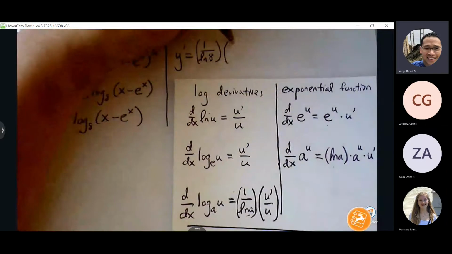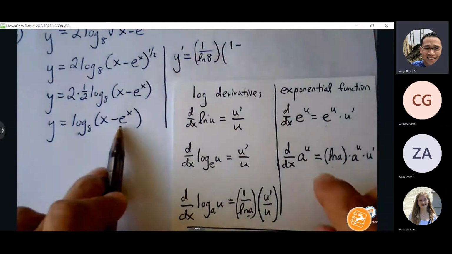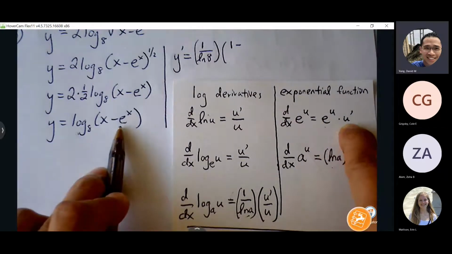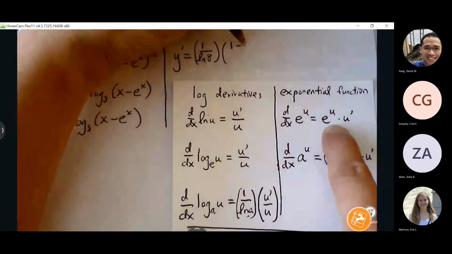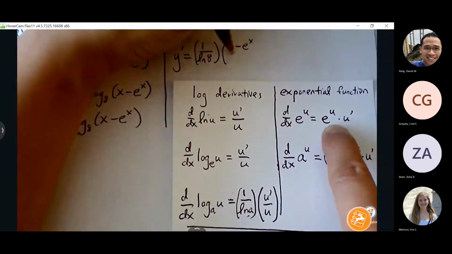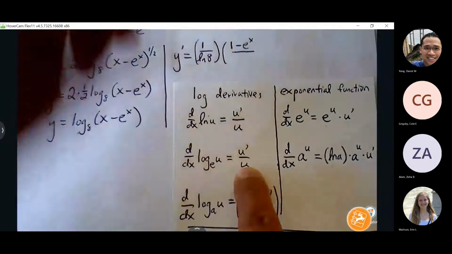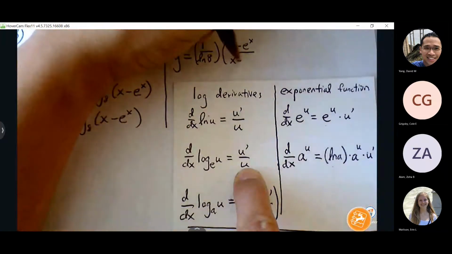u prime becomes 1 minus e to the x. The derivative for e to the x is just e to the x times x's derivative, which is 1. So just the function itself, basically. All over my original u value, which is the parentheses.